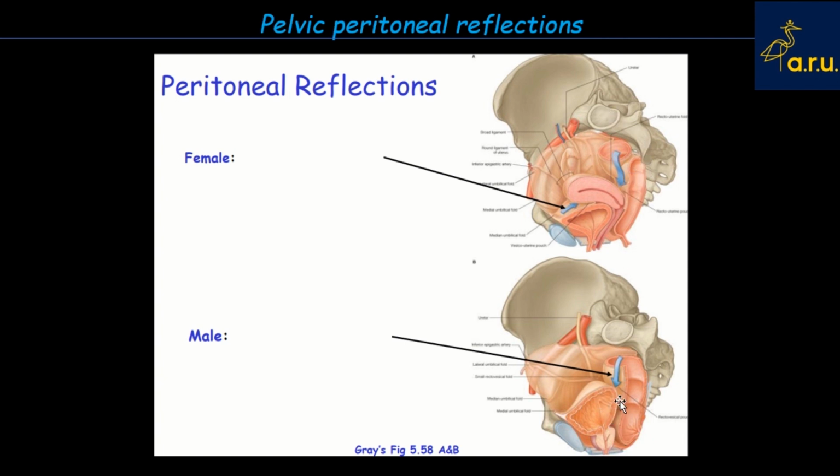In case of males, we have only two viscera over here, the bladder in the front and the rectum at the back. So we've got only one pouch because of the reflection of peritoneum from the bladder onto the rectum, which is known as the rectovesical pouch, which is the same as the rectouterine pouch of Douglas in case of the females.